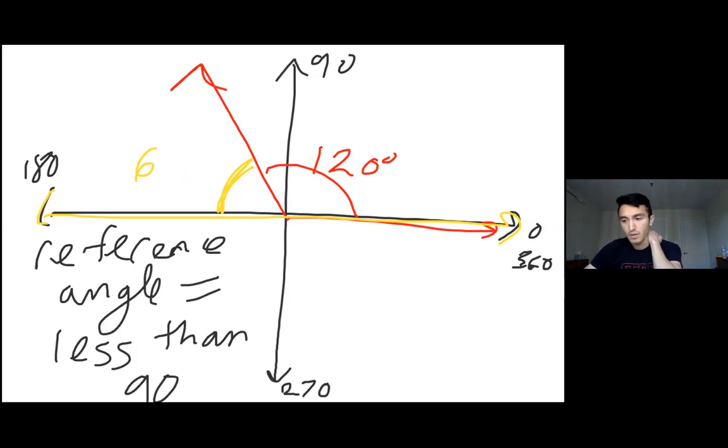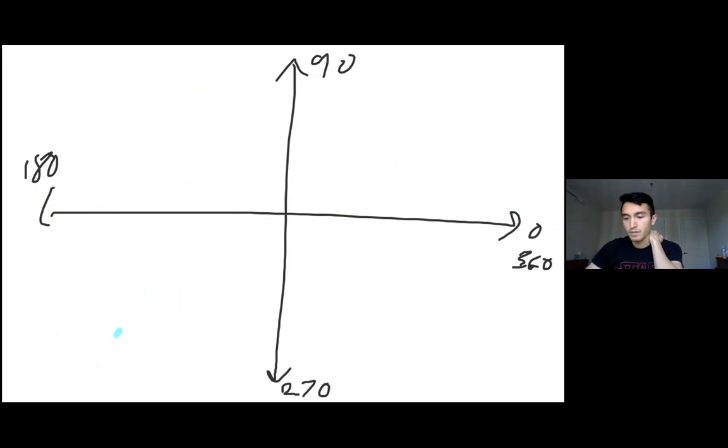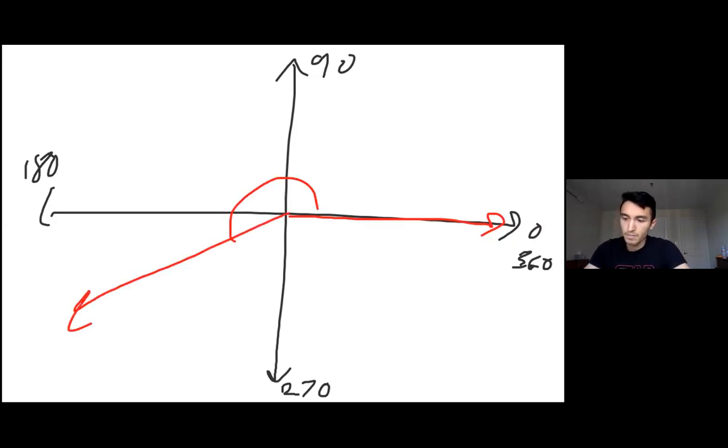Now you know that can always change. So if I do a reference angle that is let's say here, and then I go somewhere like right here, like 200 degrees, right? Well, the reference angle is, again, this small part.